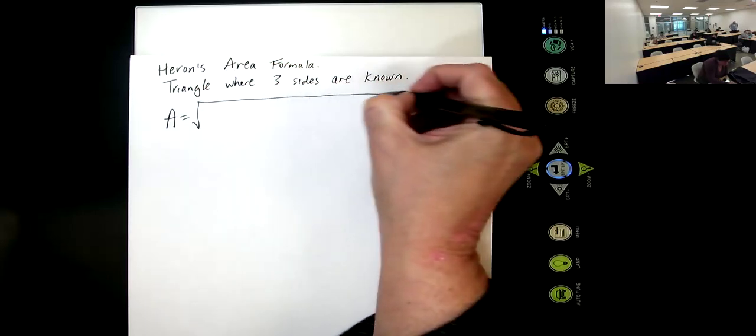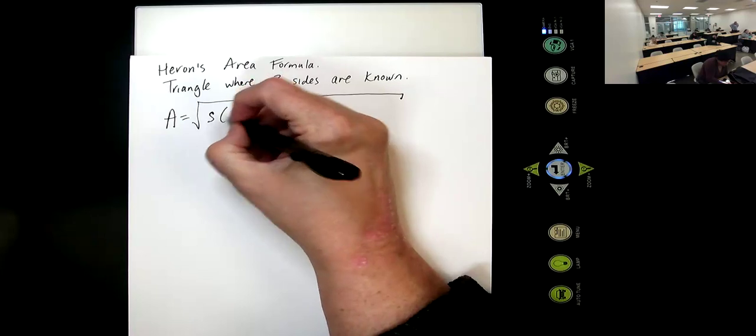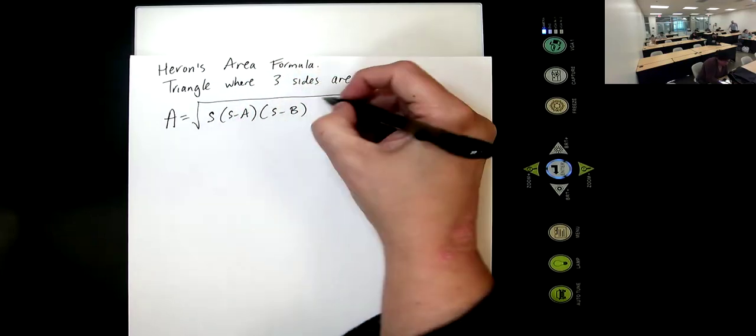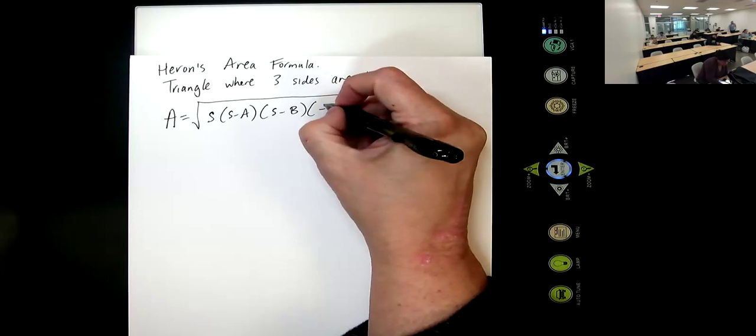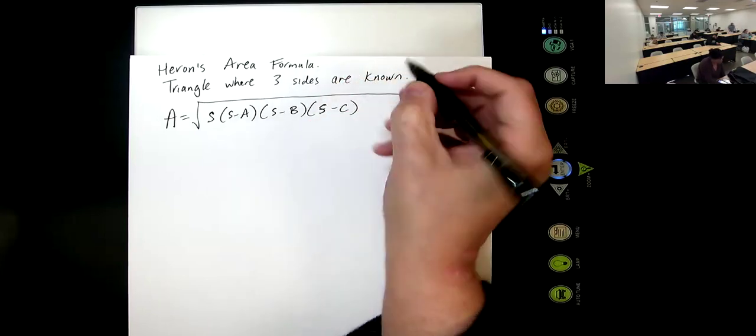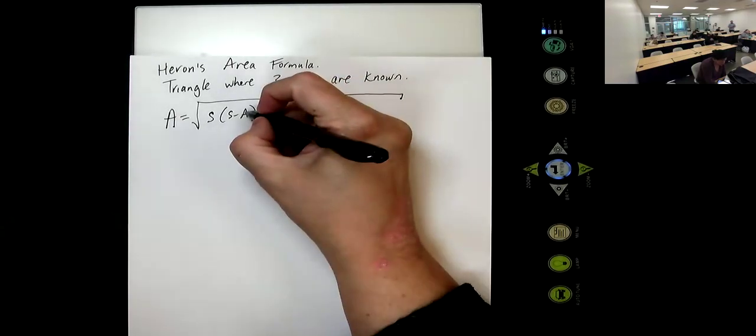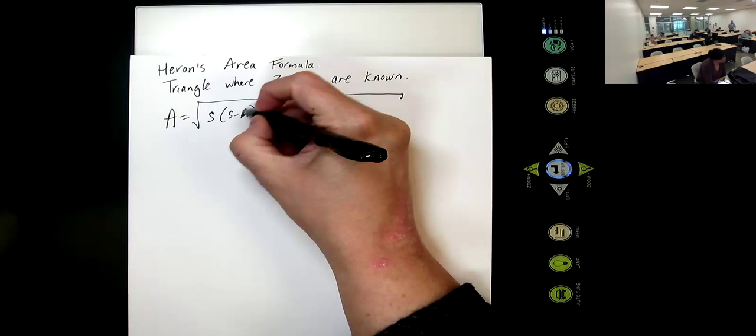of S times S minus A times S minus B times S minus C. Maybe I should have used lowercase a, lowercase b, lowercase c, because it's definitely the sides.